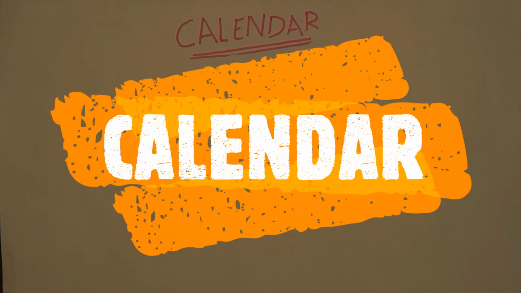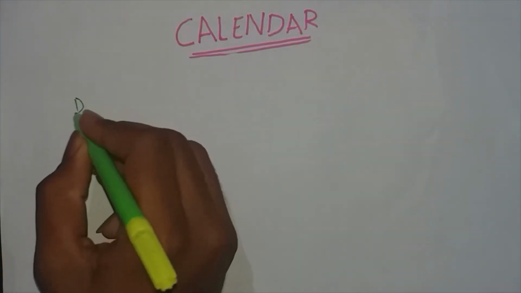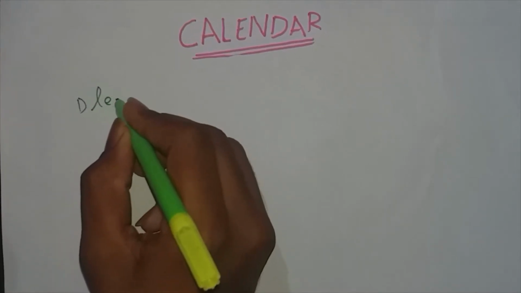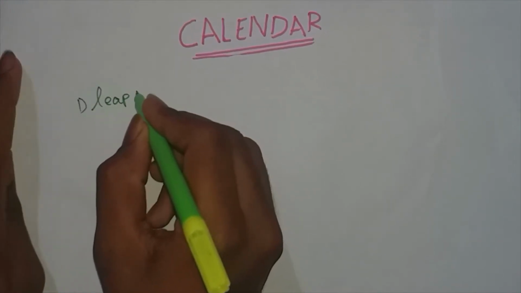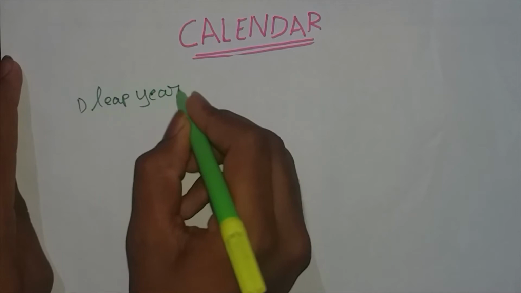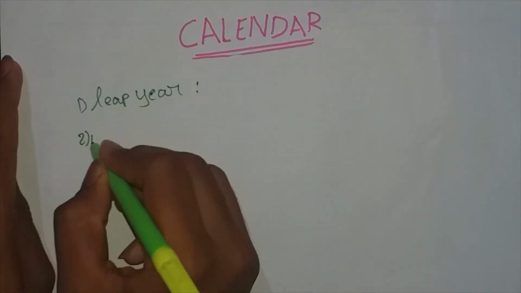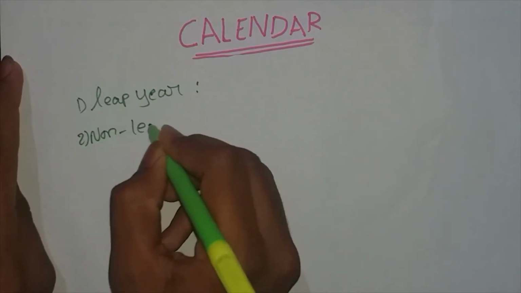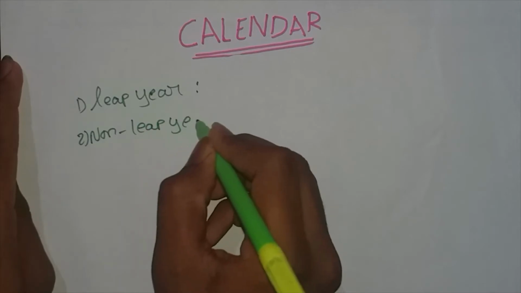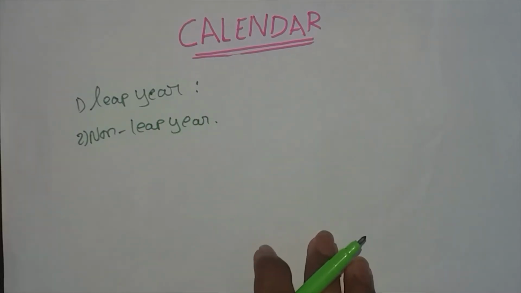The main concept you should keep in mind while solving calendar problems is that there are two types of years. One is a leap year, another one is a non-leap year. What is meant by a leap year?